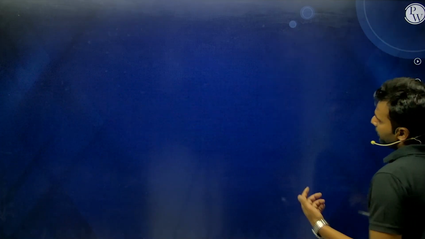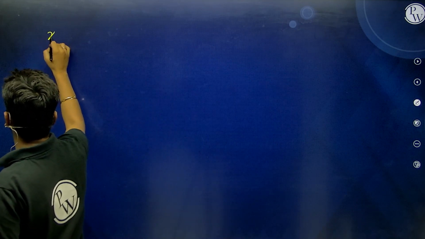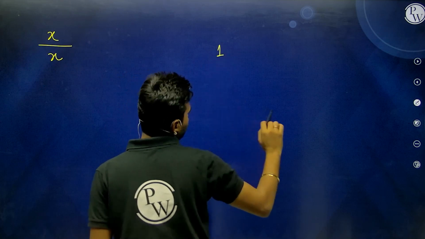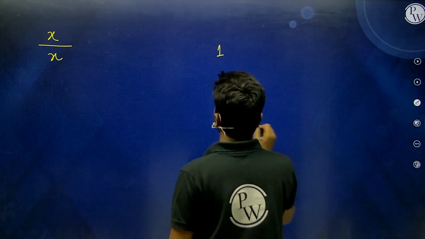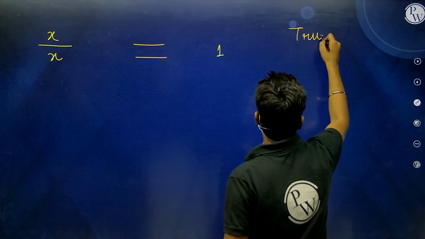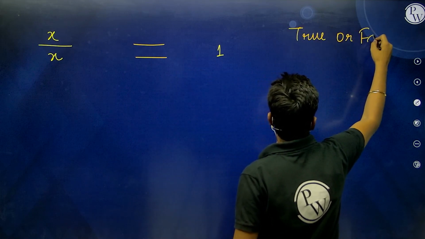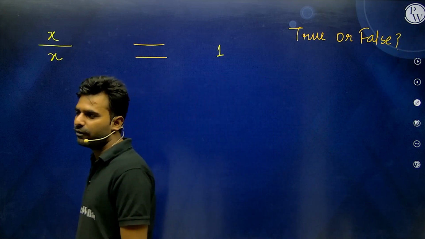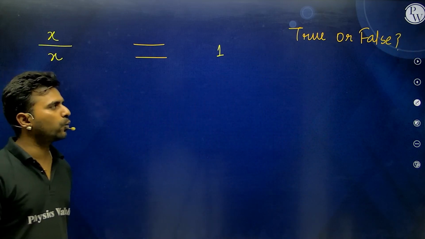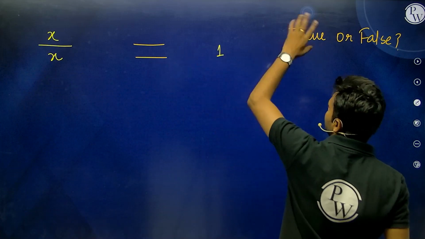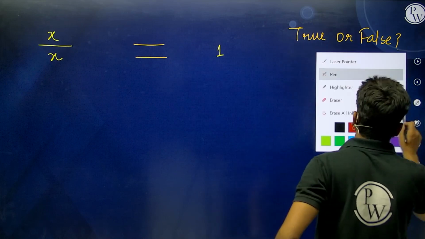Number 2. I want to tell you one concept in mathematics. Let me ask you one question: x by x and 1. Are these two things equal? True or false? If the thing is equal, say true; if not equal, say false.